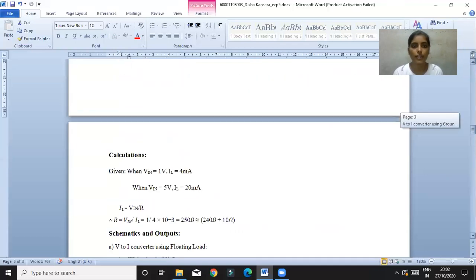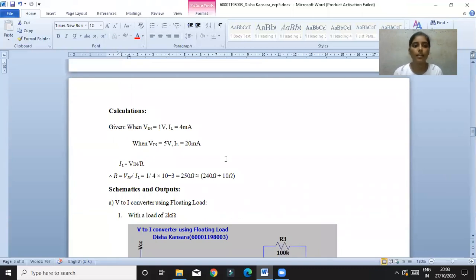This is the short explanation, and here are my calculations for the V2I converter. When Vin is 1 volt, IL is 4 milliamps, and when Vin is 5 volts, IL is 20 milliamps. As IL is Vin by R, the resistor is Vin by IL, which is 1 by 4 into 10 to the power minus 3, which is 250 ohms.